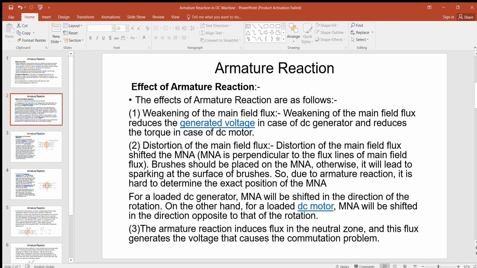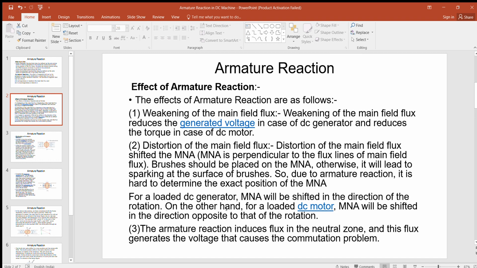Second, the distortion of the main field flux. Distortion of the main field flux shifts the magnetic neutral axis, MNA. Brushes should be placed on the MNA, otherwise it will lead to sparking at the surface of the brushes. So for a loaded DC generator, MNA will be shifted in the direction of rotation.